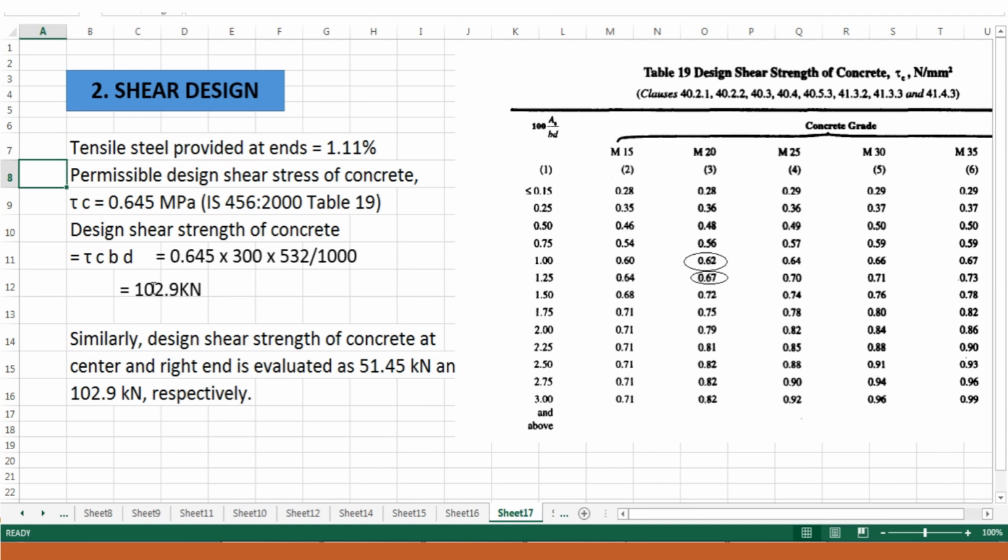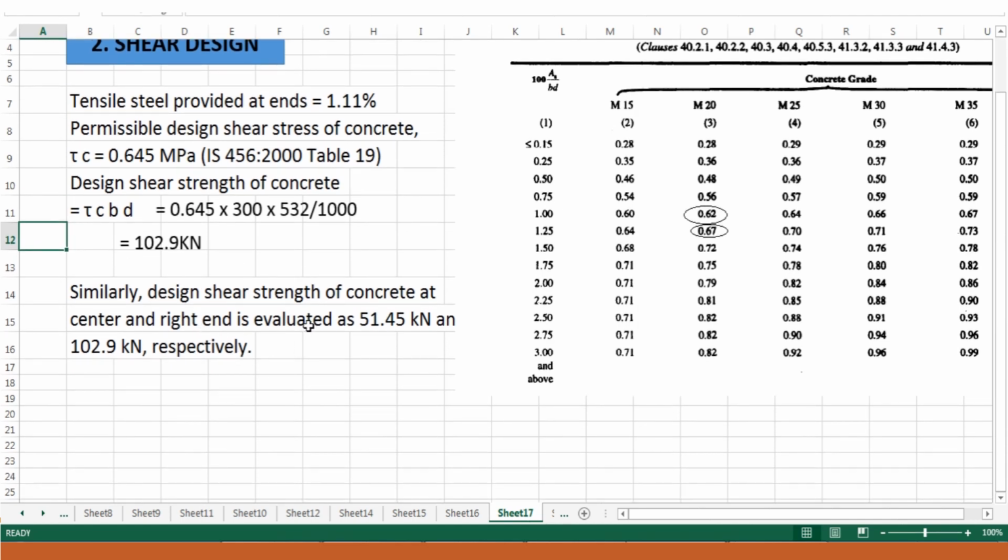Thereby the value of tau c is 0.645 Newton per mm square into bd, where b is 300 into d, which is 532, divided by 1000. We obtain it in kilonewtons, 102.9 kilonewton.